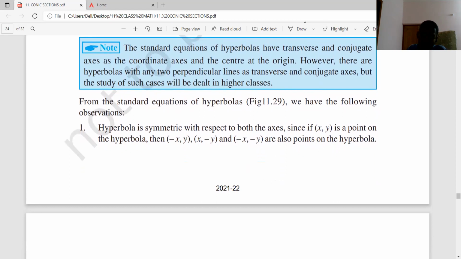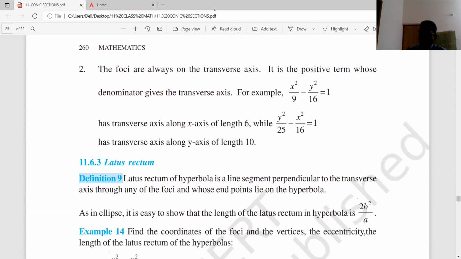However, we also have hyperbolas with any two perpendicular lines as transverse and conjugate axis, but the study of such cases will be dealt with in higher classes. Whatever syllabus we have, we take the conjugate axis and transverse axis as the x and y axes. Otherwise, you can take any two perpendicular lines as transverse and conjugate axis and you get the hyperbola. But that is not in the textbook.